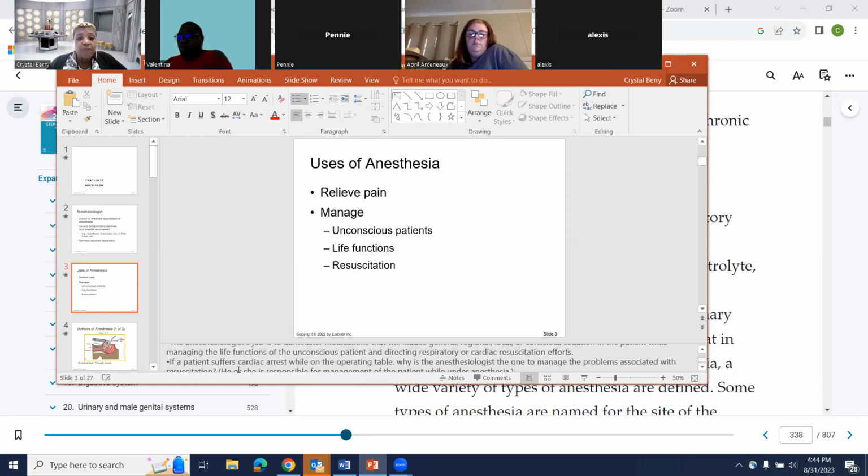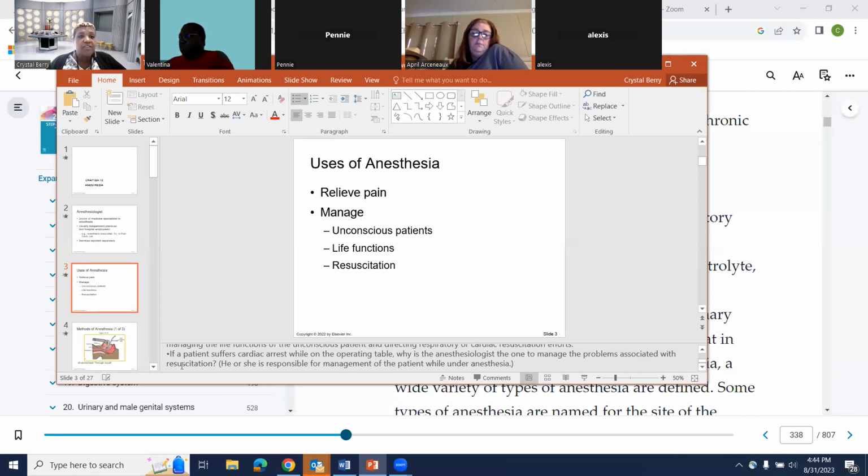If a patient suffers cardiac arrest while on the operating table, why is the anesthesiologist the one to manage the problem associated with resuscitation? And it gives you the answer to that question. He or she is responsible for management of the pain while under anesthesia. So you see why this is a special person.